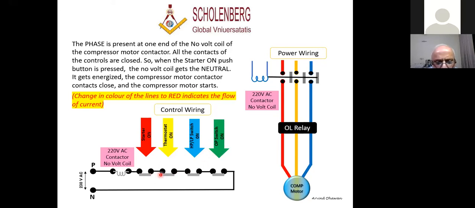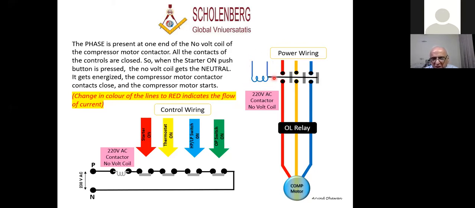Now, all these controls have mechanical contacts, which are normally open or normally closed, as the case may be. Now, how to control this? They're all connected in series to a no volt coil. This is a no volt coil. I explained to you how magnetism in linear application takes place.